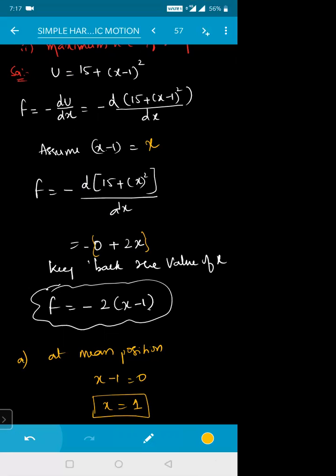At the mean position, you should assume this totally as x. This is in the form of F equal to minus k into x. K is a constant, 2 came. In the place of x, it is x minus 1.